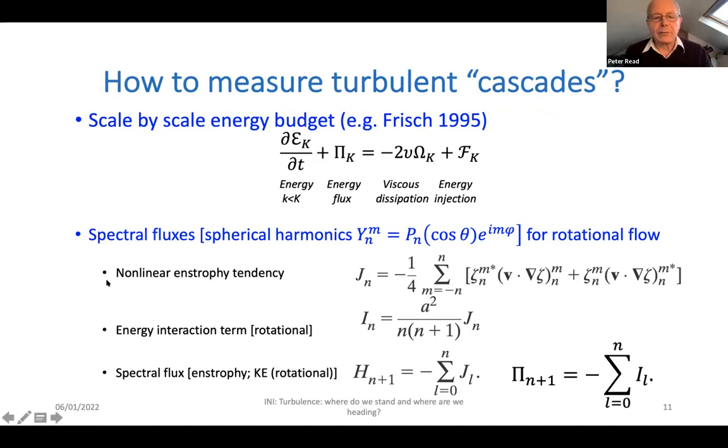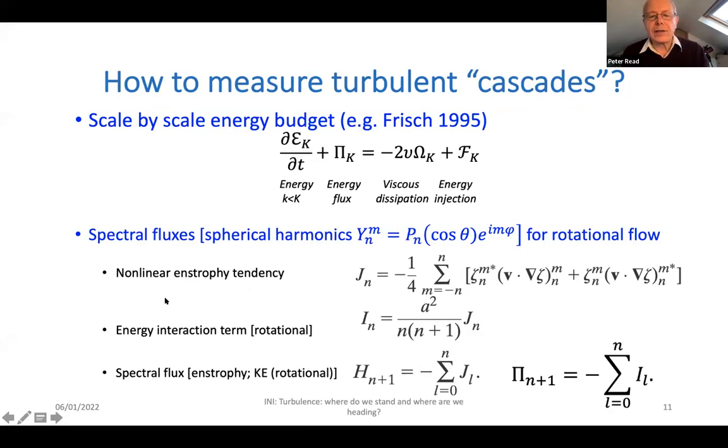So we can represent terms such as the entropy tendency in spherical harmonics with indices n and m, where m is the zonal wave number.